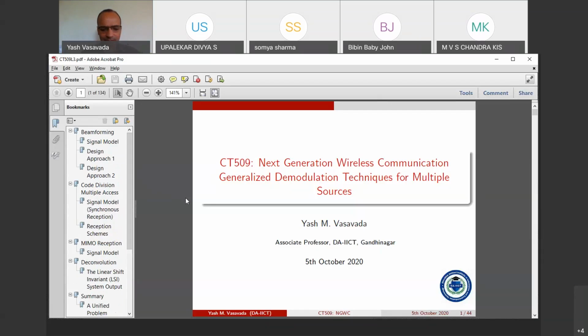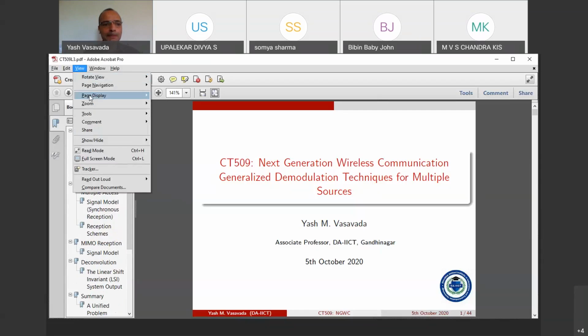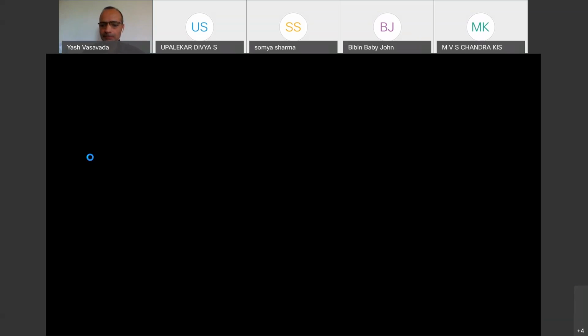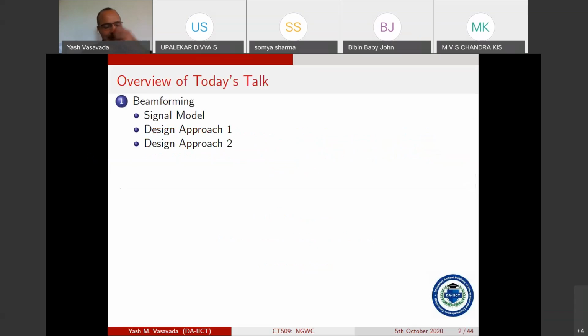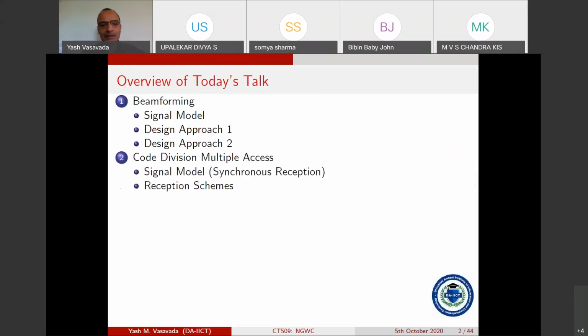Okay, so we are right now looking at this beamforming, as well as today I think we'll get into this code division multiple access, which is considered as one of the technologies for non-orthogonal multiple access in 5G.